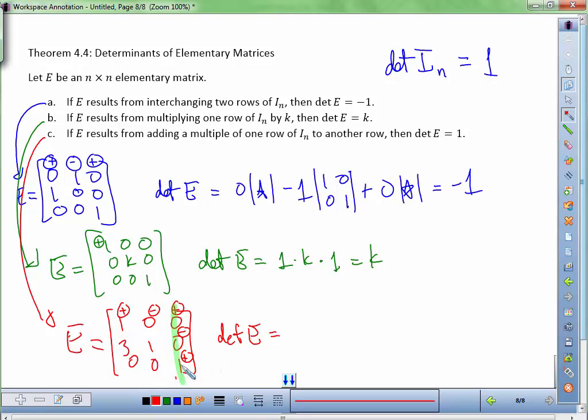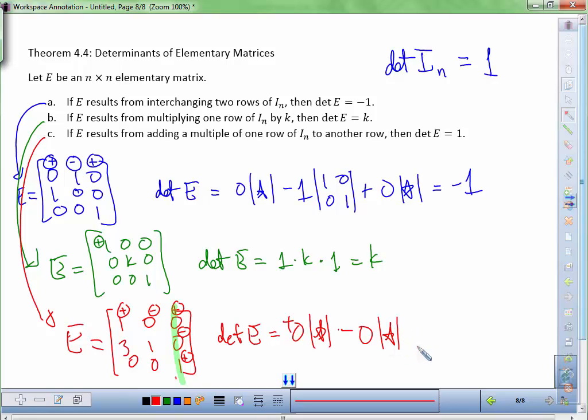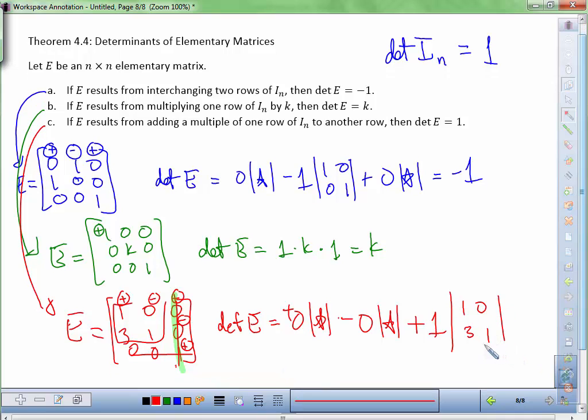I know that I'm going to have a couple of zeros, with a positive and a negative. And then I have a positive with a 1 in there. My submatrix is going to be 1, 0, 3, 1. If I find the determinant of this, it's just 1 minus 3 times 0, which is 0... I mean 1. So our determinant is going to end up being equal to 1.